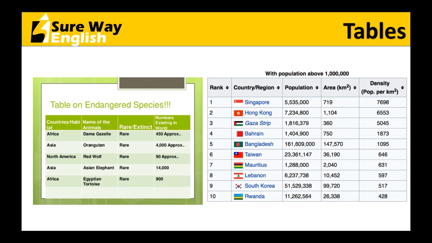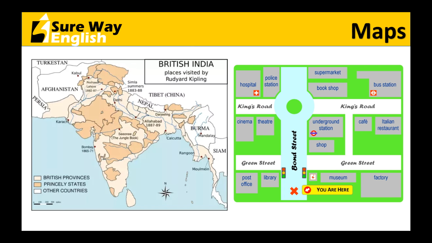You'll see tables, right? Information presented in a tabular form. You will have maps. Now these can be real maps, geographical maps. These can be historical maps, where some information is represented over a geographical map. For example, this graph on your left shows the places visited by Rudyard Kipling in British India.